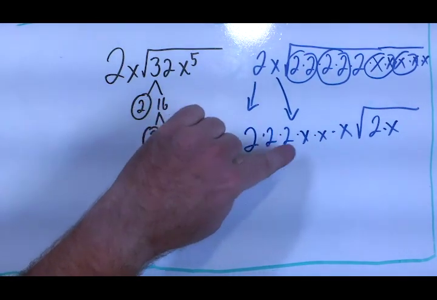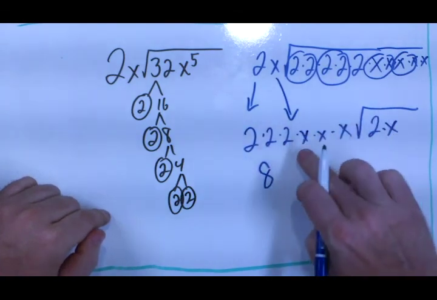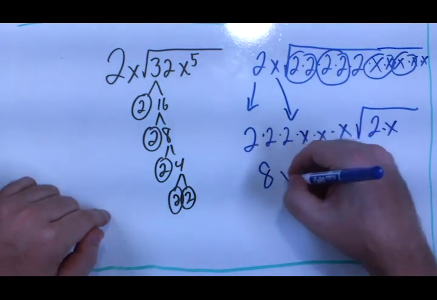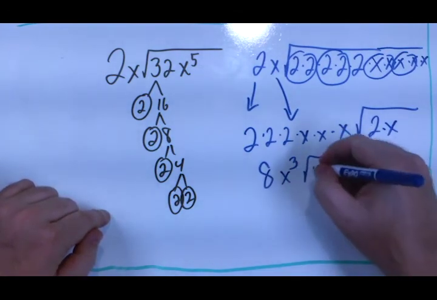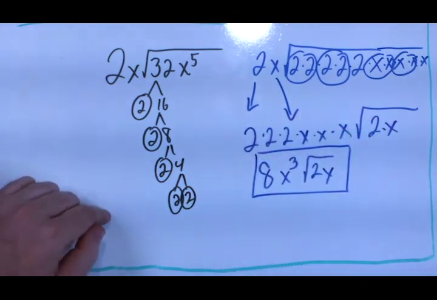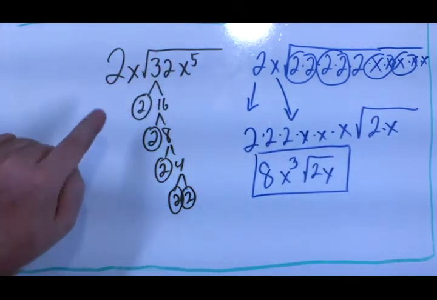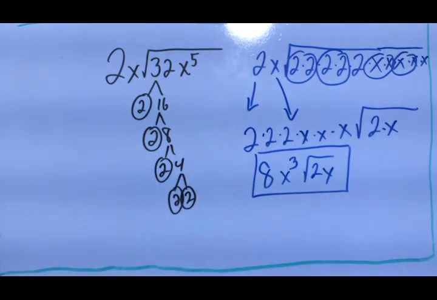So 2 times 2 times 2, so that would be 8. 1, 2, 3 would be x to the third. And then 2 times x is just 2x. So there is my simplified square root from 2x times the square root of 32x to the fifth power, to 8x to the third times the square root of 2x.